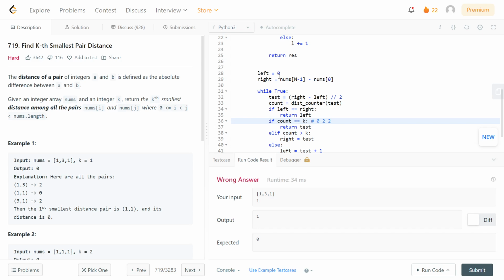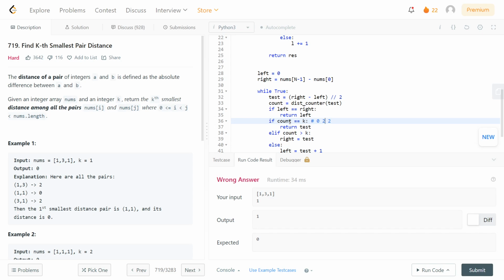Well, I can increase left to the test. But do I need to increase? I need to decrease right. It is right or it's less than right. So I need to decrease right in this situation.